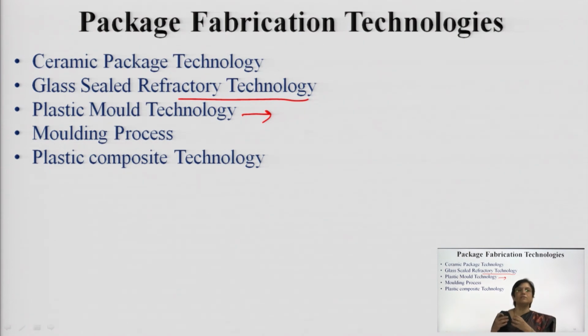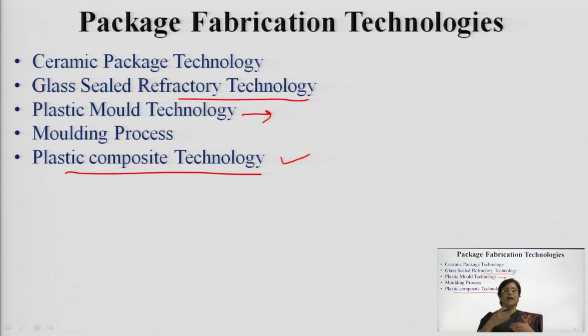And lastly, you have plastic composite technology, which is used for specific devices and is preferred because it is heat resistant and provides better electrical insulation. It also handles heat dissipation in a better manner. Therefore, these plastic composite packages are the latest ones being used.